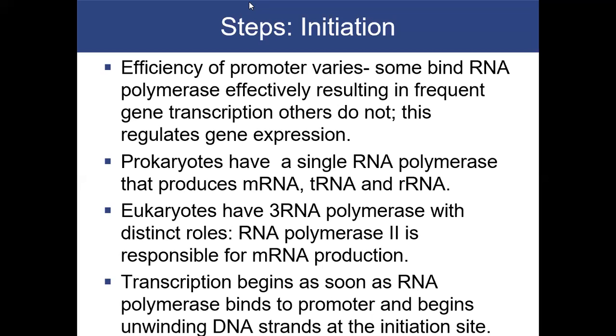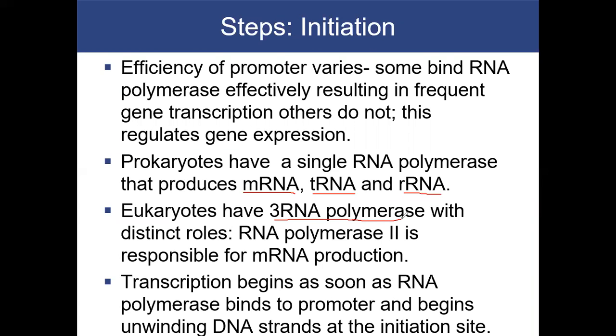Now, when it comes to prokaryotes, they have a single RNA polymerase, and that one polymerase creates everything. It creates the messenger mRNA, the transfer RNA, and also the ribosomal RNA. But eukaryotes, as you know, are a bit more complex, and so we have three different RNA polymerases.